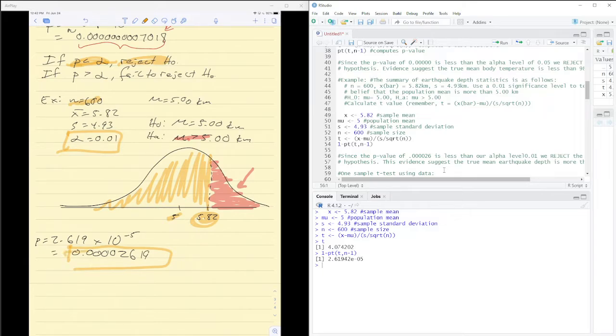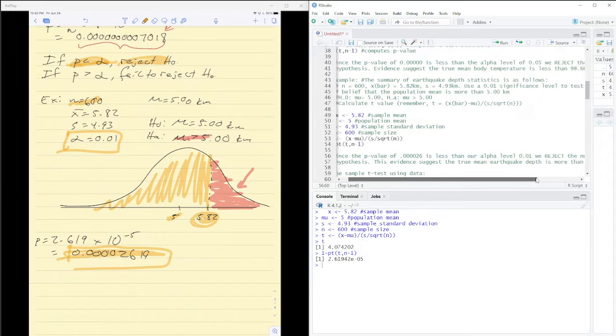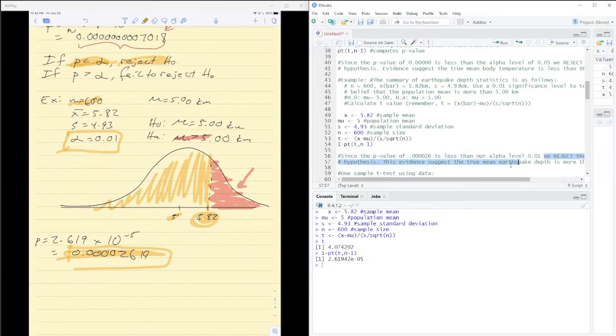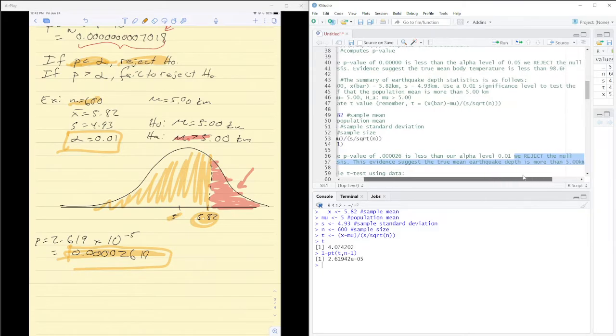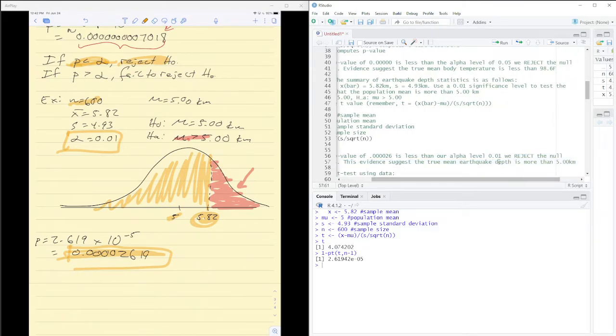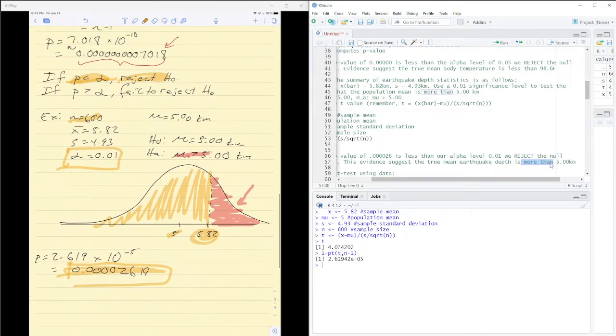So since the p-value is less than the significance level, we reject the null hypothesis. Evidence suggests the mean earthquake depth is more than 5 kilometers. We reject the null in favor of the alternative here.